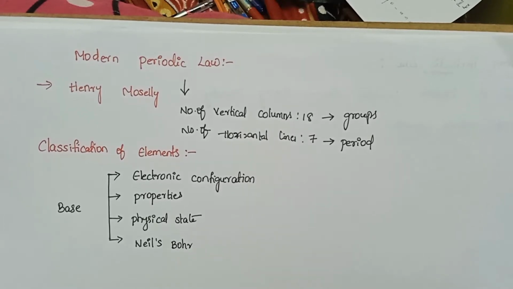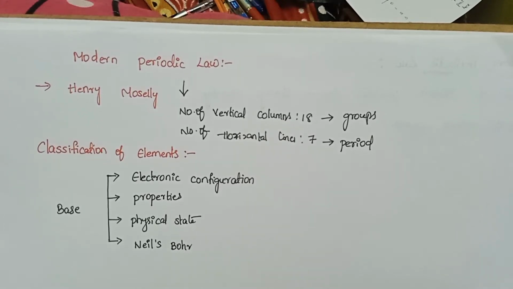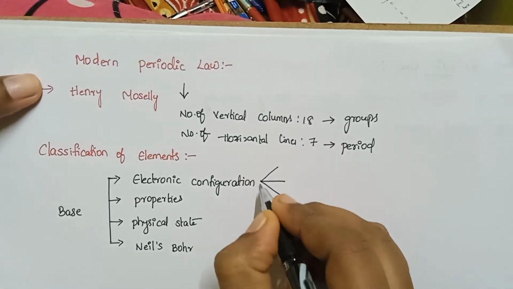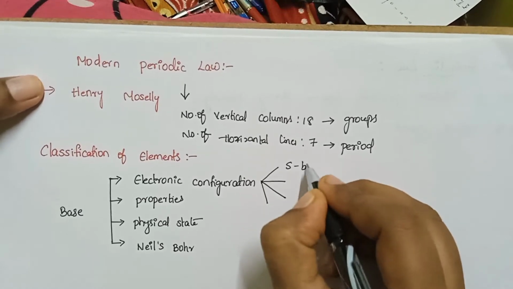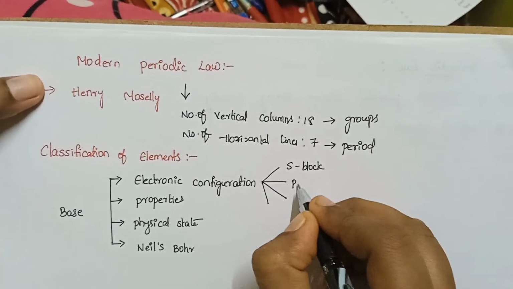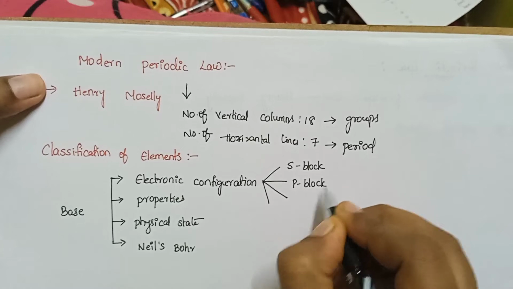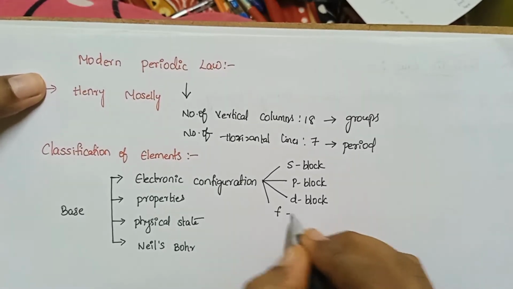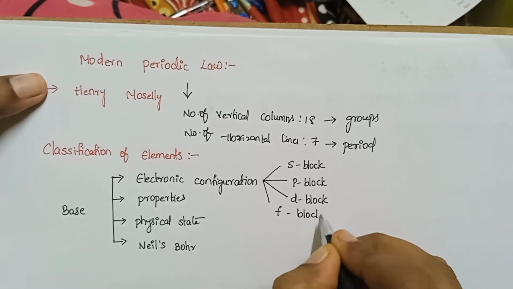So the classification of elements on the basis of electronic configuration is again classified into 4 types, that is S block, P block, D block and F block.